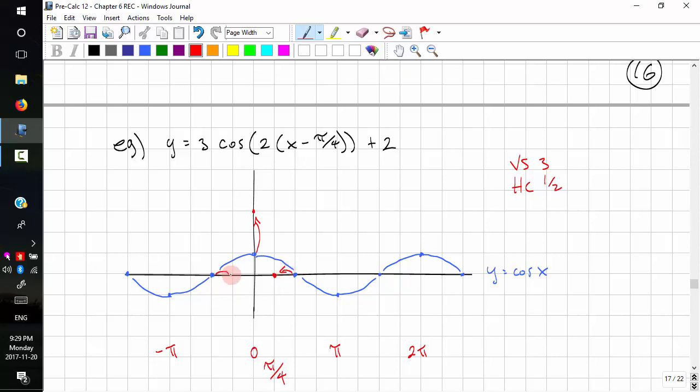This is going to move this way. This one is going to stretch by 3, compress by 1/2. So that one's going out that way. And we only need to draw one cycle. Expands to 3, compresses to 1/2, and we draw this cycle.